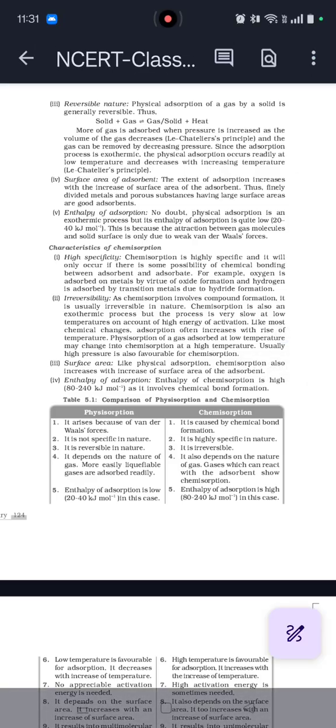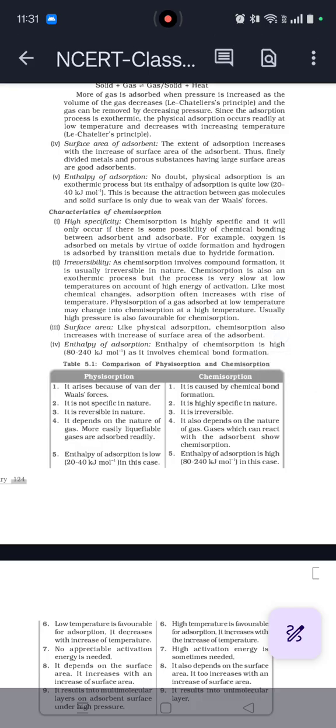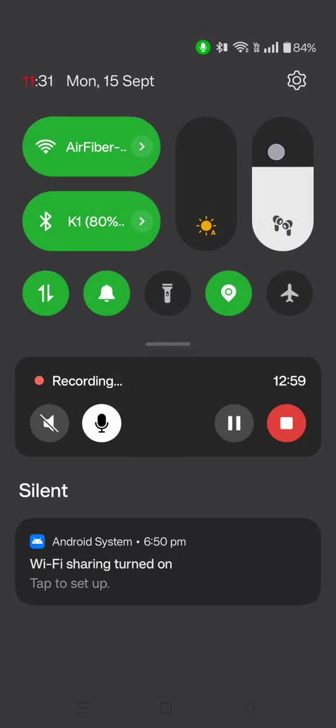Surface area of adsorbent. The extent of adsorption increases with the increase of surface area of the adsorbent, and thus finely divided metals and porous substances having large surface area are good adsorbents.